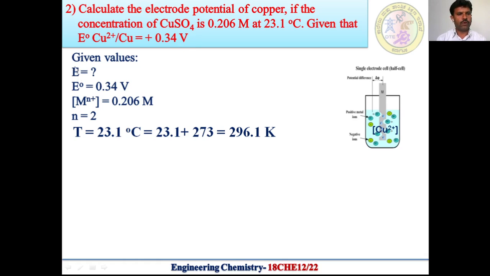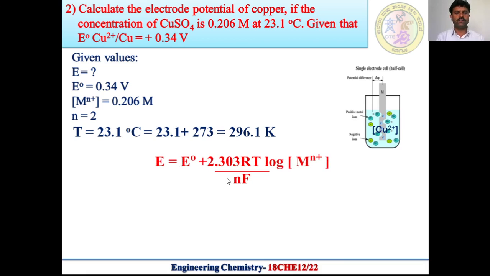The electrode potential to be calculated, standard electrode potential of copper is 0.34 volt and concentration of copper sulfate, that is equal to 0.206 molar, and the value of N is equal to 2. Here the valency is plus 2, and temperature they have given 23.1 degrees Celsius, so we can convert it into Kelvin by adding 273. So it becomes 296.1 Kelvin.